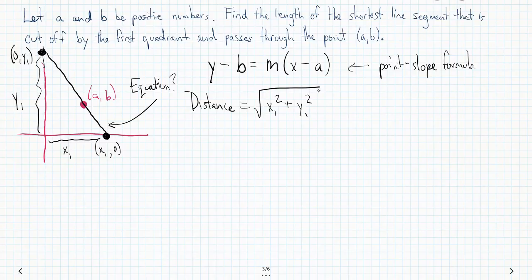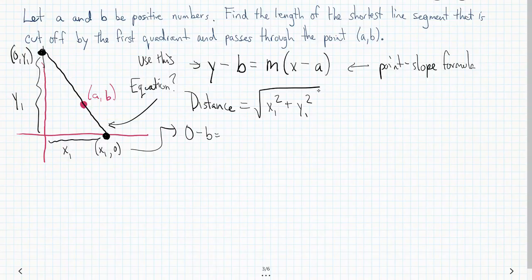So how do we go about this? Well, we do have this equation, and we can use it. What do I mean by that? If (x1, 0) is a point on the line, that means when we plug in 0 for y, we get negative b equals m times x1 minus a.